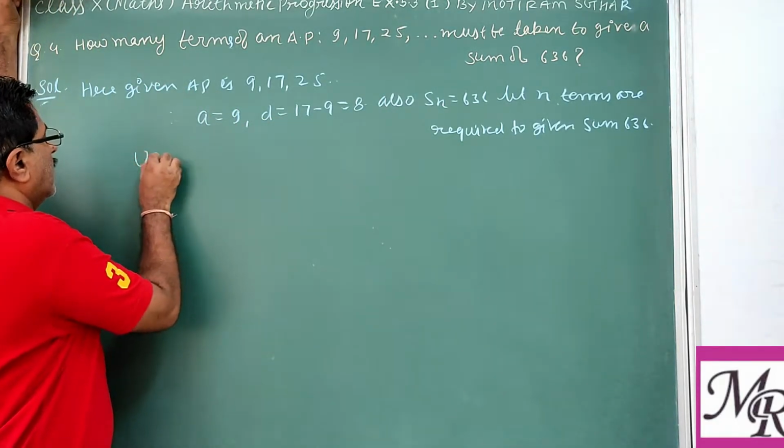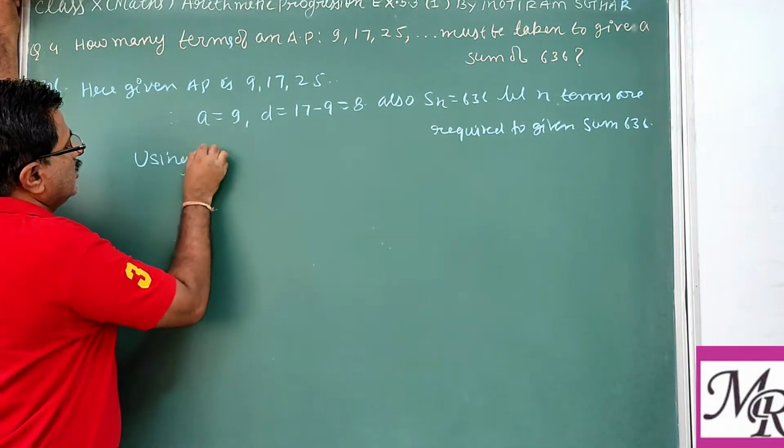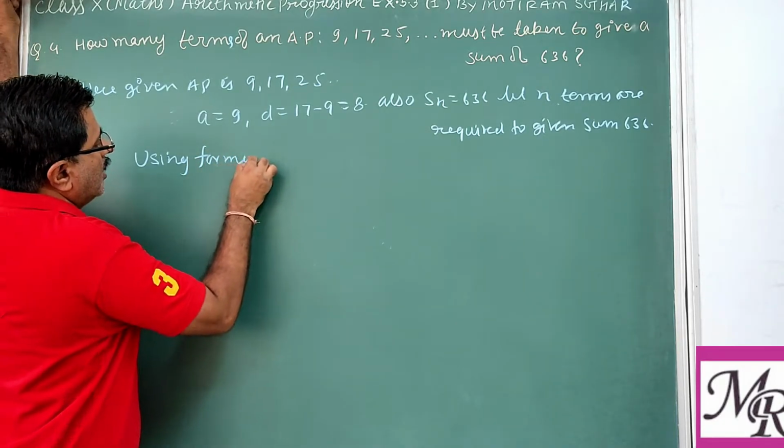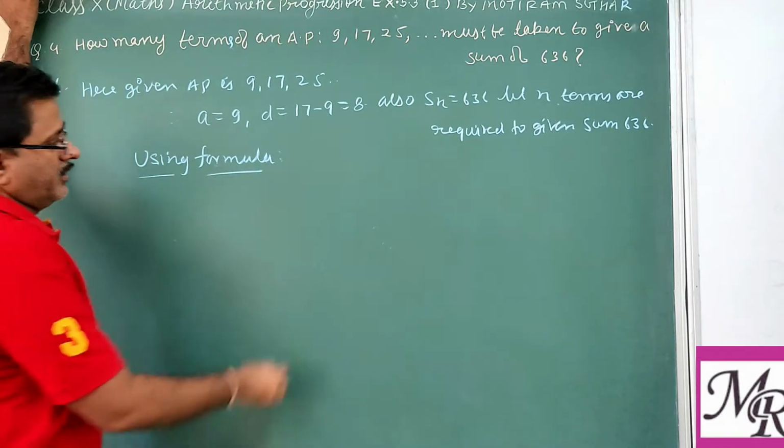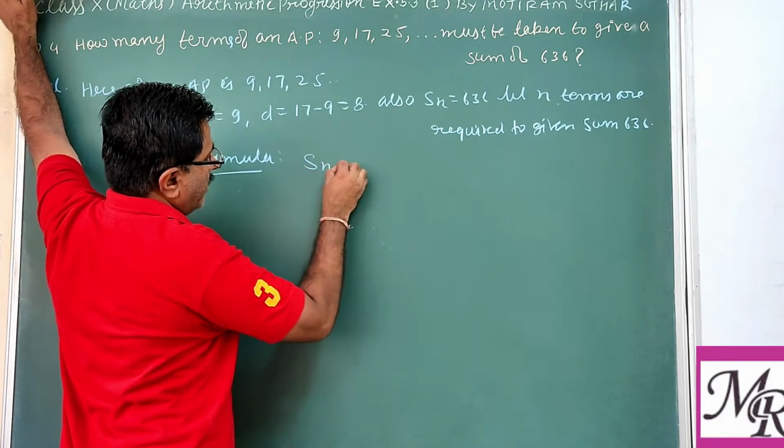Now using the formula. We have the formula, as you already know, for the sum of n terms of an AP denoted by Sn.